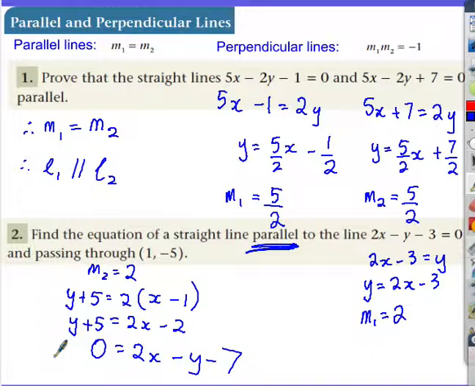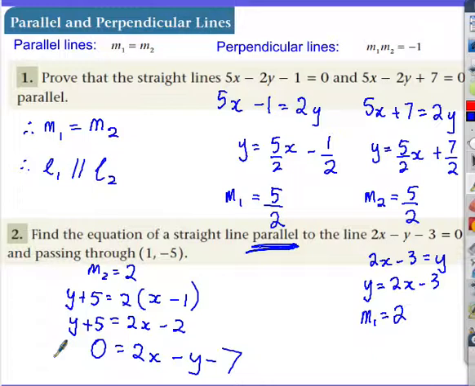Did you have any questions about any of those lines we're working out? Okay, so we're trying to find the equation of a line which is parallel to this line. So if the lines are parallel, that means their gradients are equal. So we first found the gradient of this line by rearranging it, making y the subject. So that's in y equals mx plus b form.